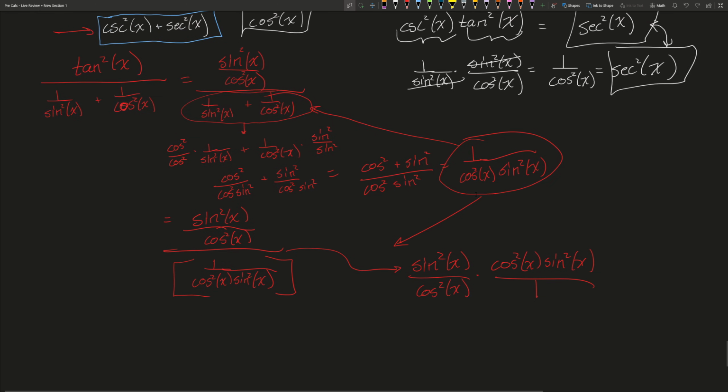Going to go with it and see where it goes. All right, so then these cosines cancel. So we get sine to the fourth.